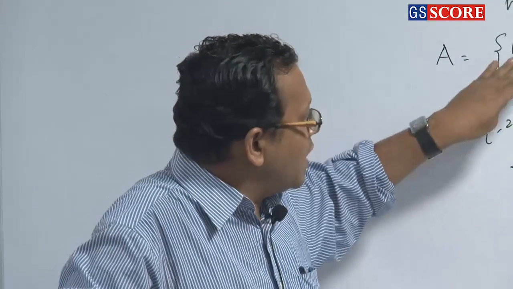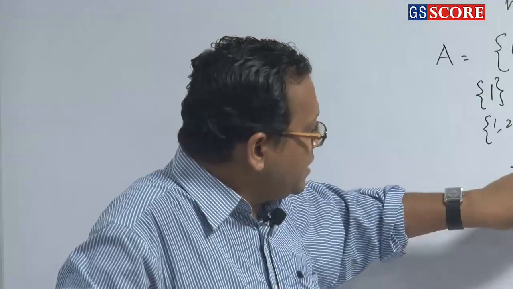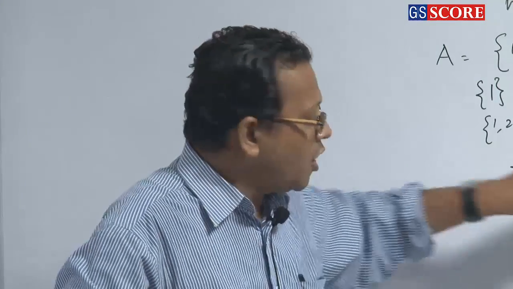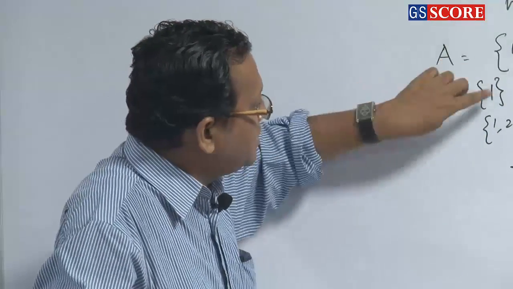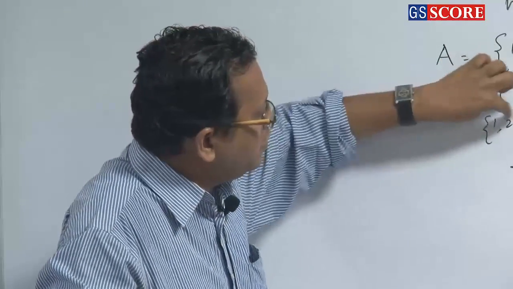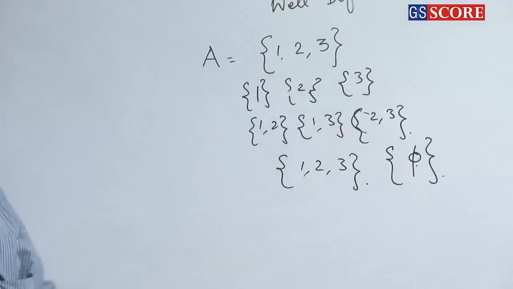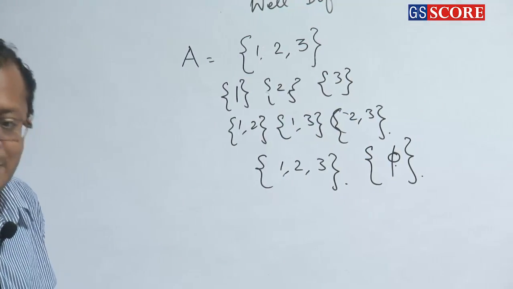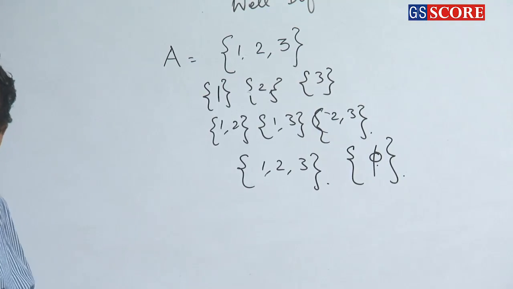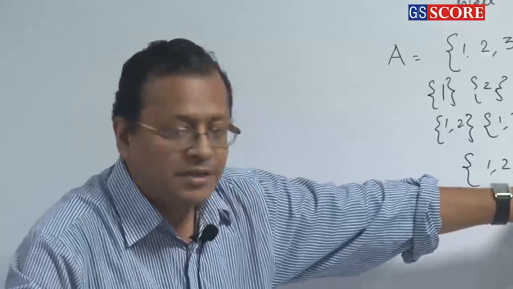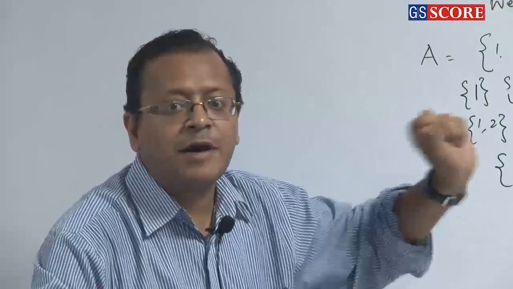So one set is definite, that these two will have subsets. So how many subsets of these 3 elements? 1 2 3 4 5 6 7 8. By definition, a set is a subset of itself. This one is phi.